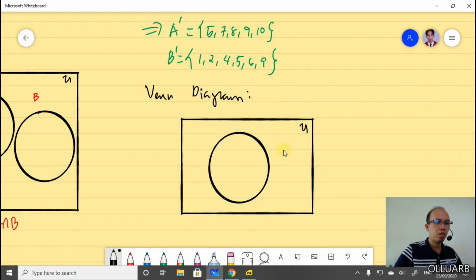We have A. This is your set A. The complement of the set A is the set of all elements in our universal set, the rectangle, that do not belong to this set. So meaning to say, this is outside of A. So let's have a color here outside of A.